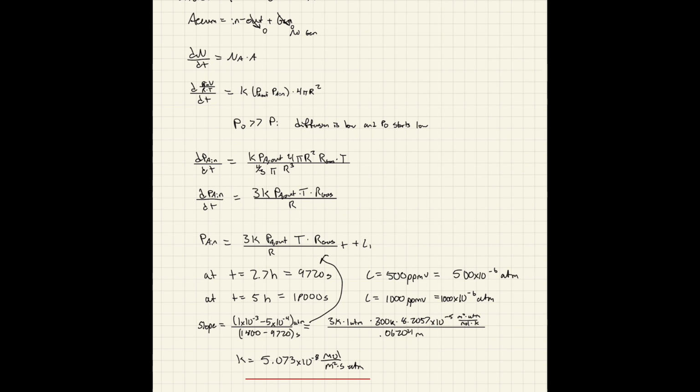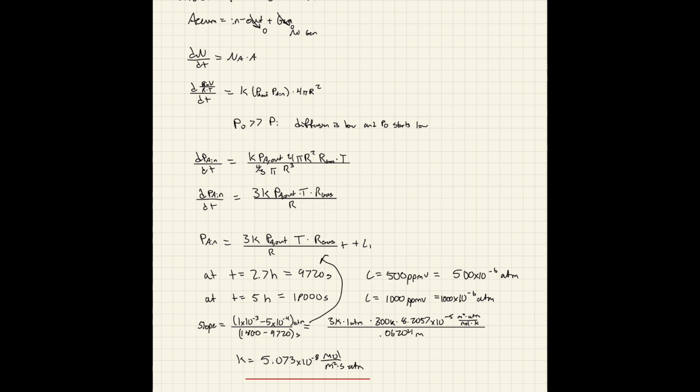Again, we drop the partial pressure A inside from that subtractive term, times the surface area inside, times the ideal gas constant, times the temperature, now divided by the volume, which is rewritten down here. We have dP_A/dt, and we've simplified this, so we now have 3 times K, partial pressure A outside, times the temperature, times the ideal gas constant, over R.